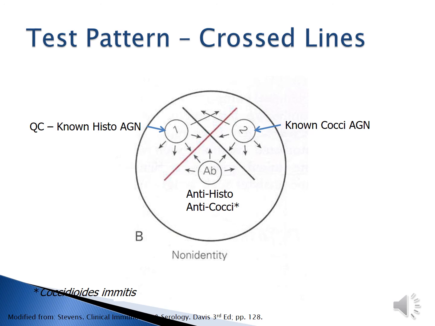But the anti-coccidioides antibody is going to bind with the coccidioides antigen and creating these cross lines effect. So we know that the antigen in well 2 is not the same as well 1, what we are trying to detect. So this is what causes this cross lines pattern, this non-identity.